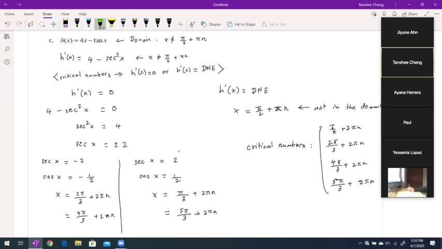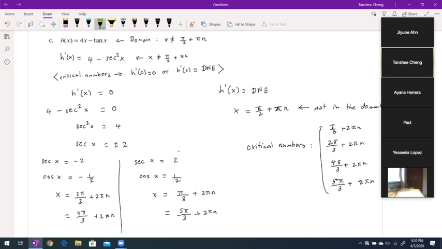Continuing, to find the critical number, I take the derivative, which is the derivative of 4x, which is 4, minus the derivative of tangent, which is secant squared x. And right away, I need to know the domain of the derivative function. The reason is that we need to think about critical numbers as where the derivative at some point c equals 0, or the derivative does not exist.